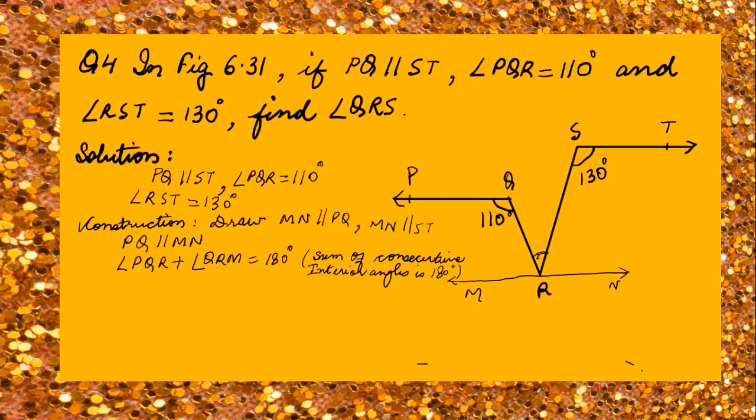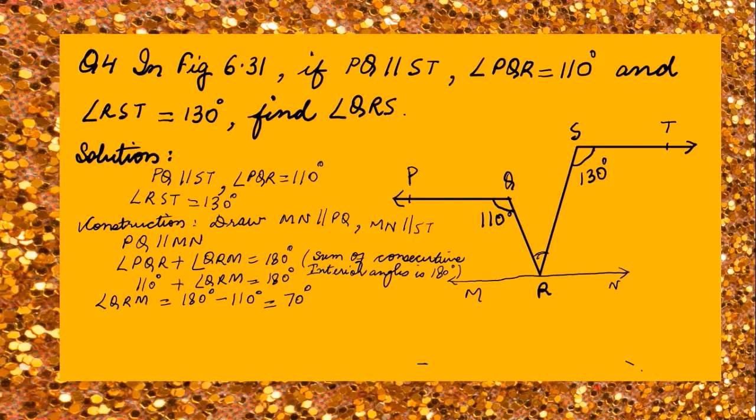Okay, so angle PQR is given to be 110 degrees plus angle QRM equals 180 degrees. So you can say angle QRM is 180 degrees minus 110 degrees. So it is your 70 degrees.